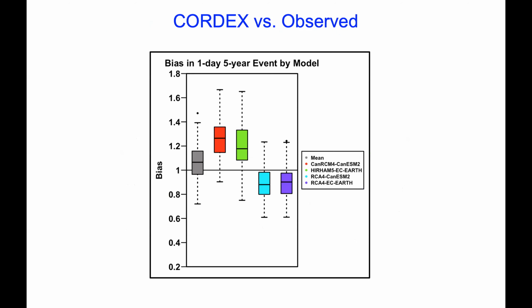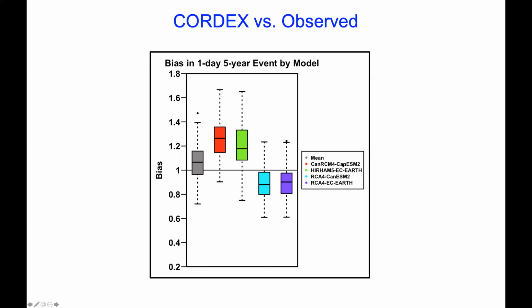If we change that up and look at the dynamically downscaled values that were available from the CORDEX experiment, here we don't have quite as extensive a set of models. Basically in the CORDEX experiment, we only have 3 model sets to work with.